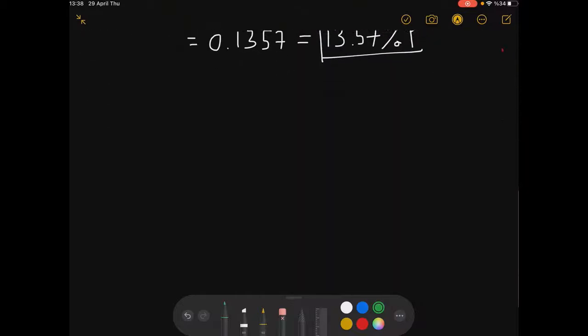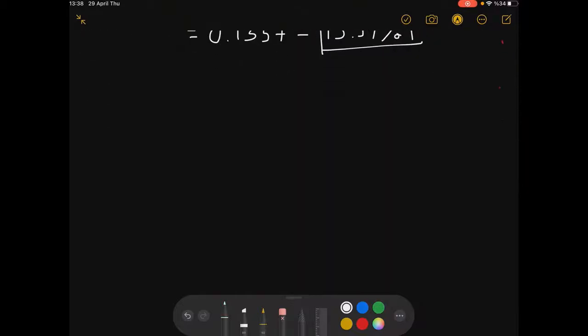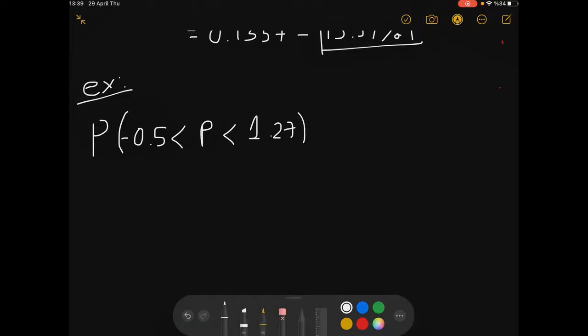All right, let's continue with another example together. The probability of being within this range. All right, don't rush.